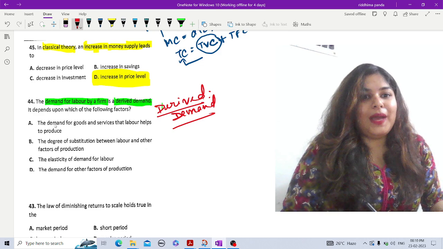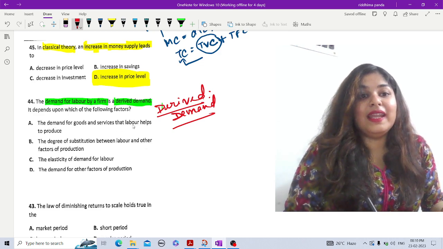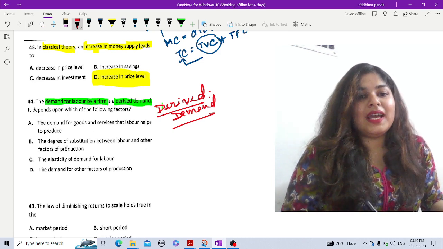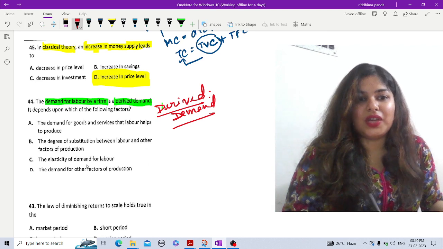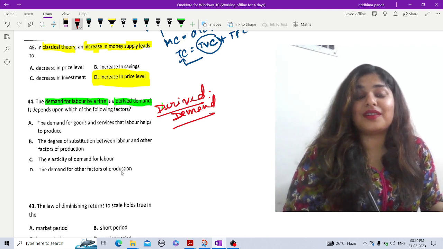तो यानी कि अगर हम लोग अपना ऑप्शन यहाँ पे देखें तो पहला है demand for goods and services that labor helps to produce, दूसरा है degree of substitution between labor and other factors, elasticity of demand for labor and the demand for other factors of production.